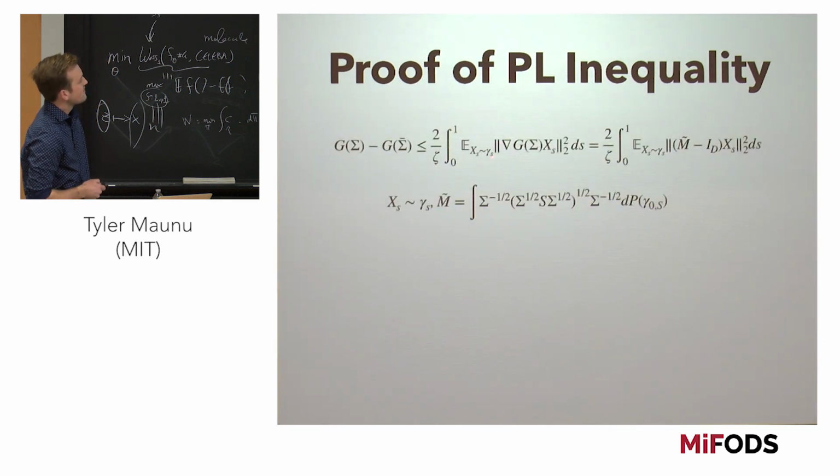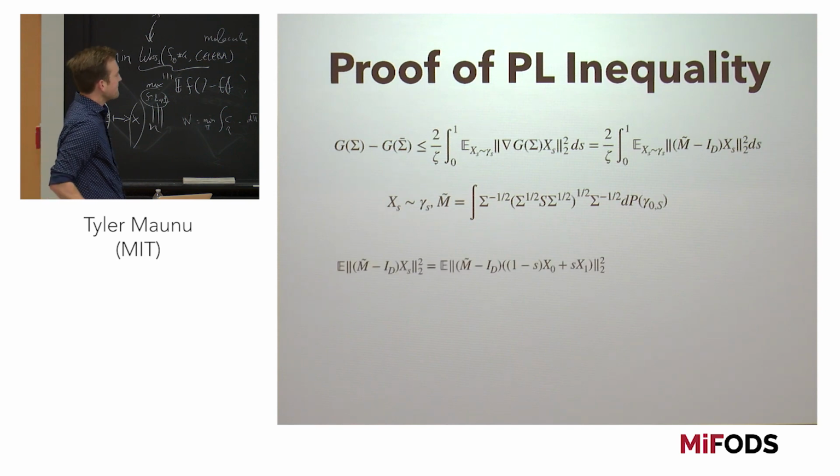We want to get to a PL inequality, so you plug in the form of the gradient. You can basically write down the optimal coupling, the displacement interpolation. I told you that if x0 and x1 are optimally coupled, then the displacement interpolation between them is (1 minus s) x0 plus s x1, and we're applying the gradient to this.